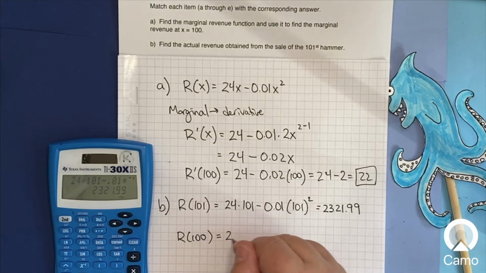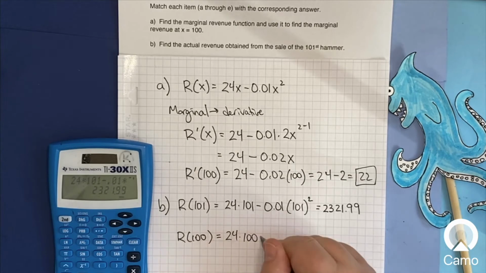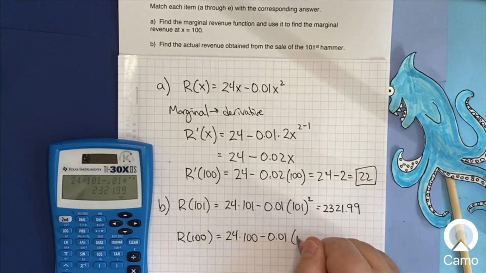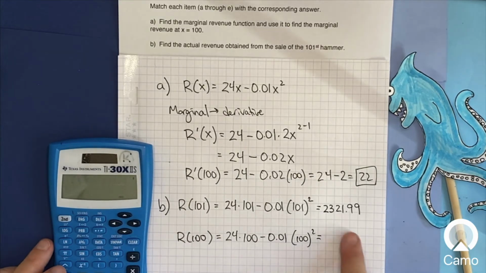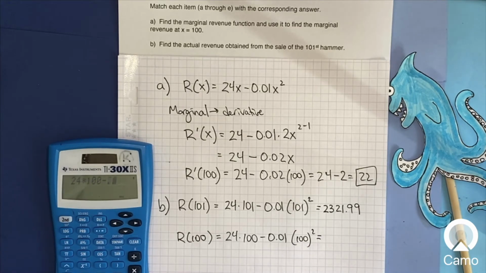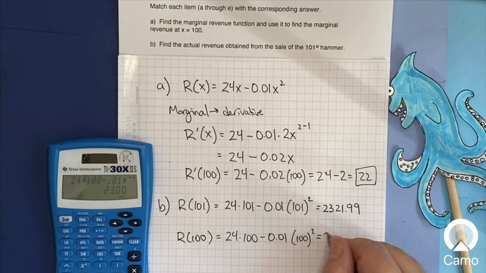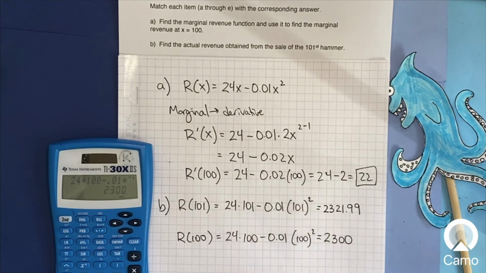So that's going to be 24 times 100 minus 0.01 times 100 squared. Okay. I'm writing this down and it's okay because it is a terminating decimal. And that's going to give me 2300 exactly.